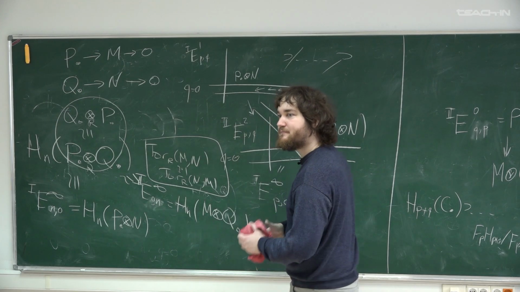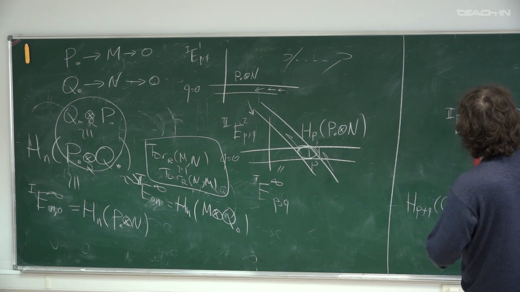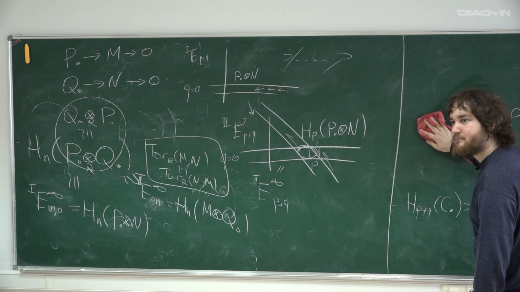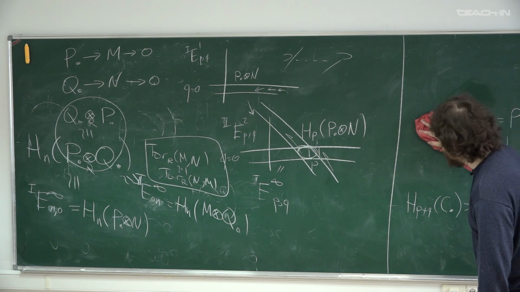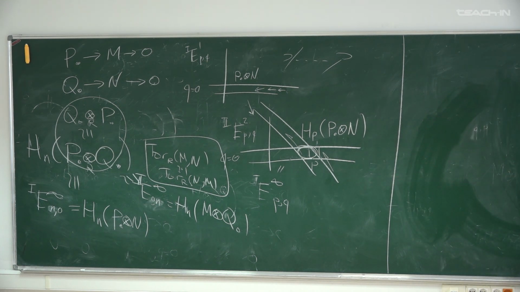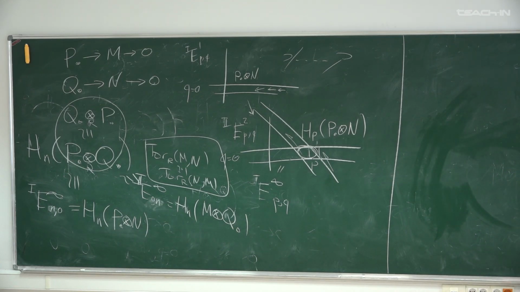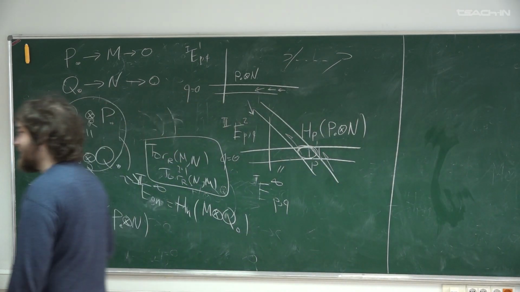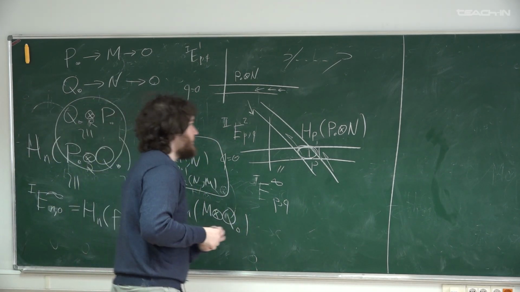Yes, I agree. And by the way, since you're writing H_P, and said that we don't know yet that this is indeed Tor. So, okay, we can define Tor as the homologies of P tensor N. So we need to calculate the zeros for another definition.